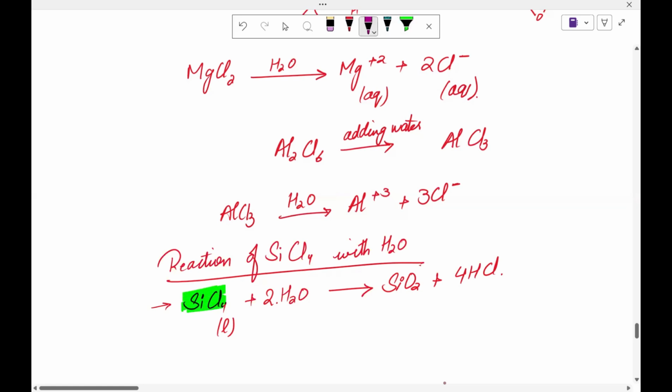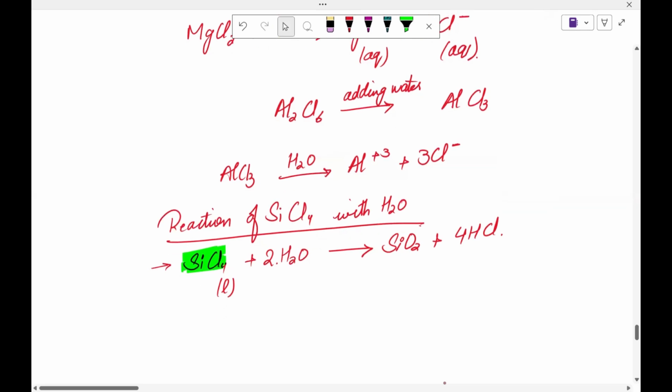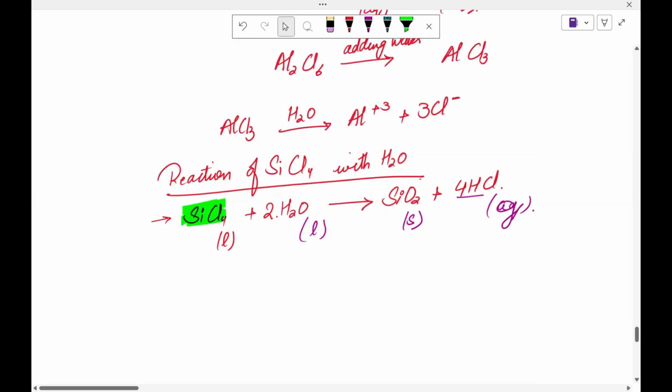Is that clear? Water is also in liquid state, HCl is in gaseous state, and SiO2 is always in solid form. So here the pH would be equal to 2.